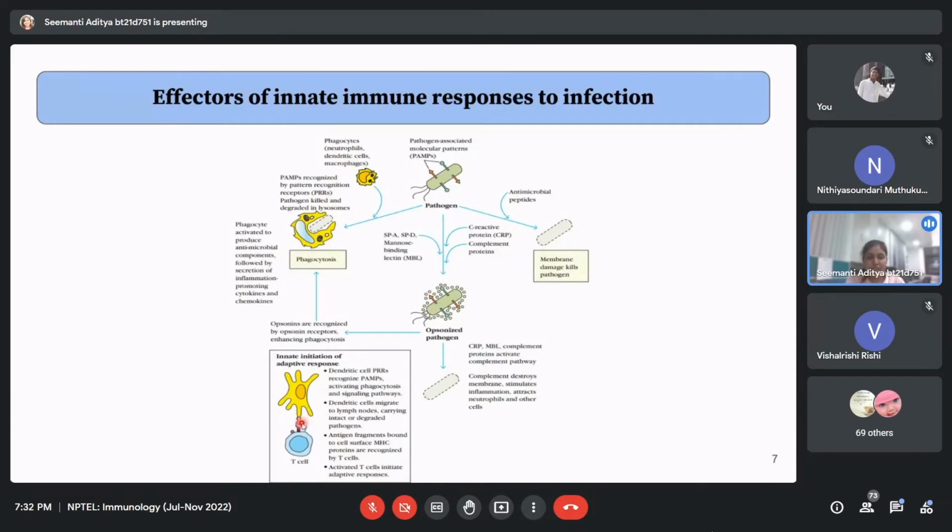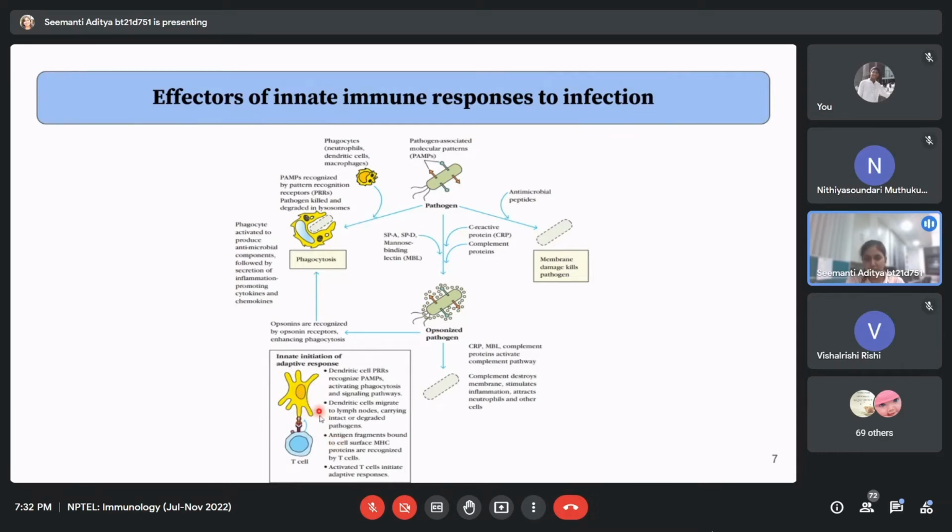So you can see that the dendritic cell shows phagocytic activity as well as acting as an antigen presenting cell. There are three different kinds of antigen presenting cells: macrophages, dendritic cells, as well as B cells. But only macrophages and dendritic cells can phagocytose.